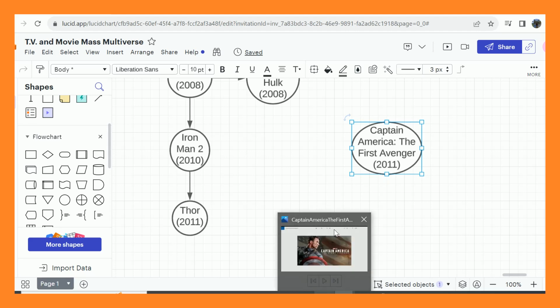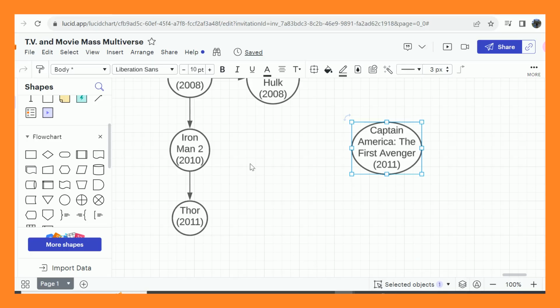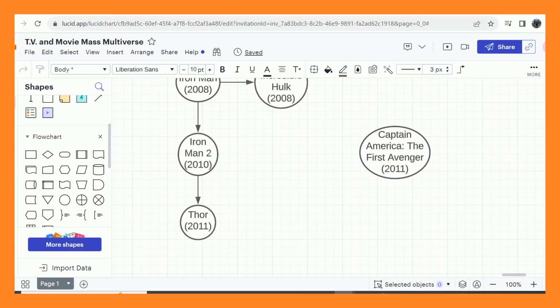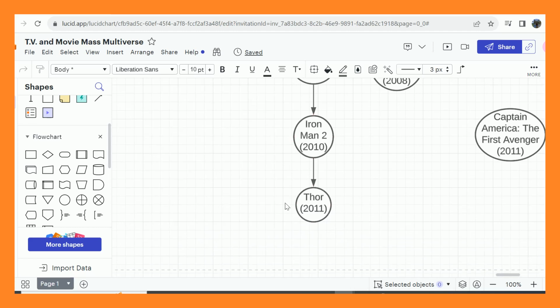Then a funny thing happened on the way to Thor's hammer. That's a mouthful. From 2011. It's a one-shot. And especially considering it has Thor's name in the title, I'll branch it off of Thor. Though it could be connected to Iron Man 2 as well, because it's showing what happened after he left Iron Man 2.